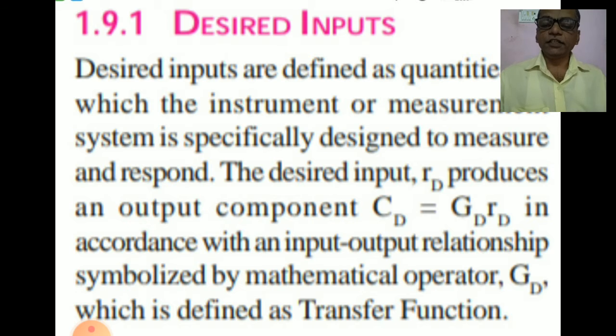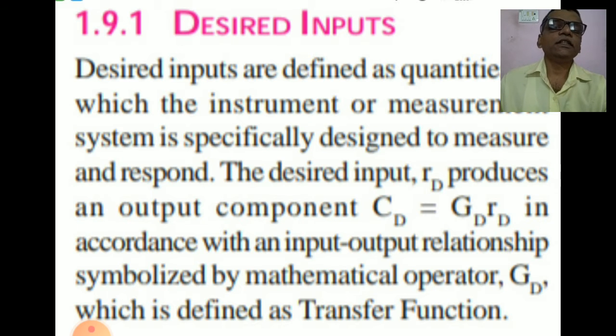The transfer function GD is therefore representative of a wide range of functions, from a constant in the case of linear systems to a statistical function used for statistical measurement. So this is regarding the desired input. You will get desired output CD equal to GD times RD, where GD is the transfer function and RD is the desired input.